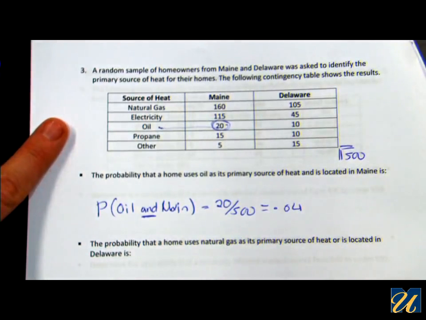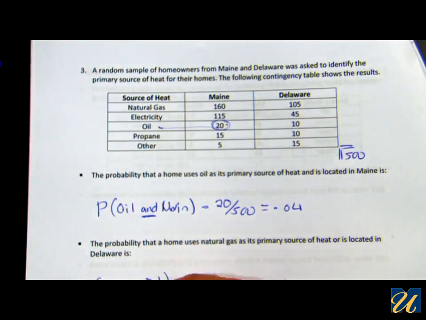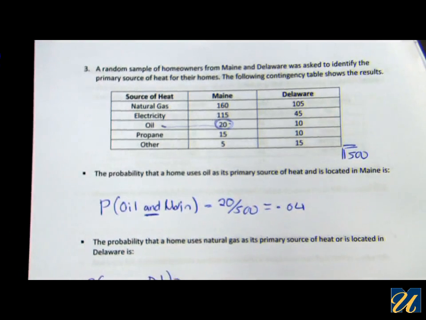The probability that a home uses natural gas or is located in Delaware, we would take the probability of a home using natural gas, which would be 265 over 500.